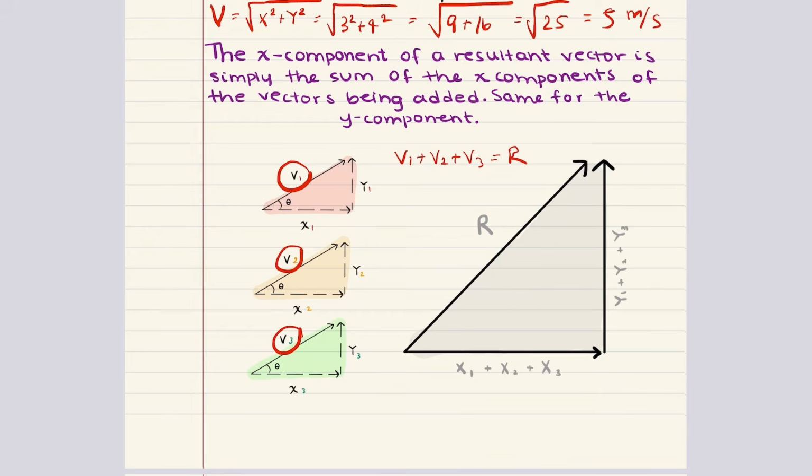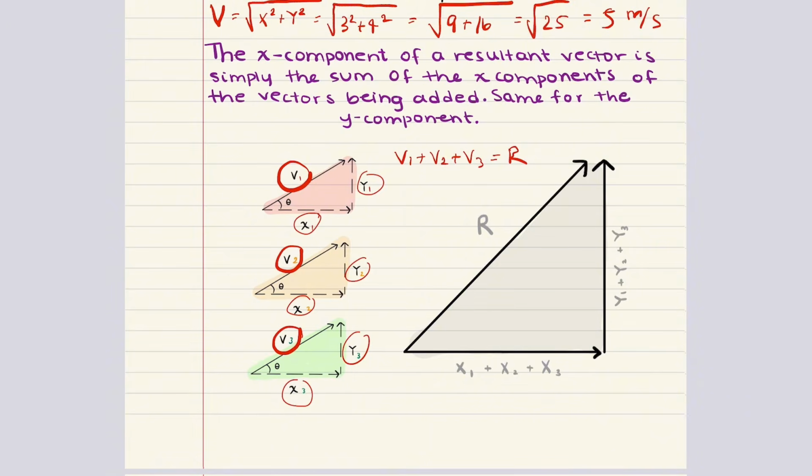How are we going to do this if we are given the x and y component for each of these vectors? Well, when we're adding multiple vectors, the analytical method approach ensures that our final resultant vector is going to account for all of the contributions along each axis.